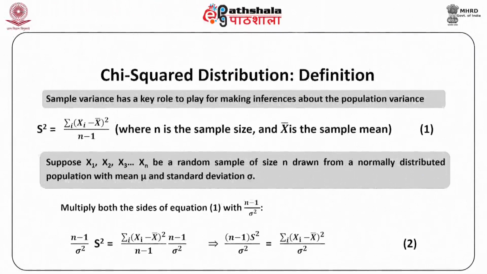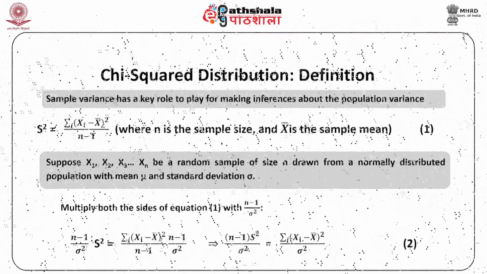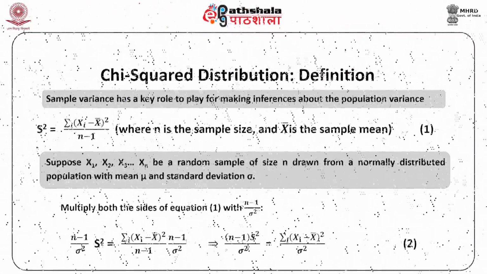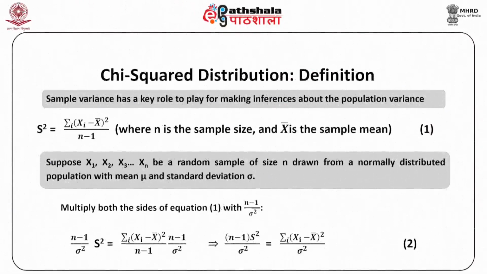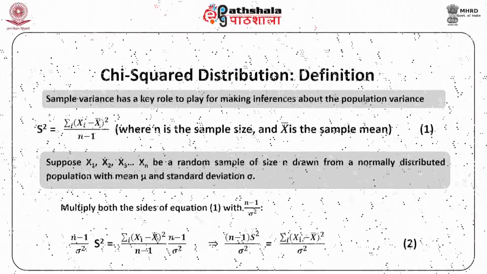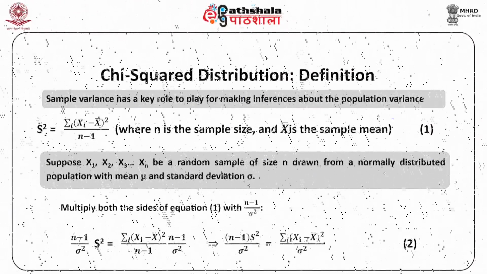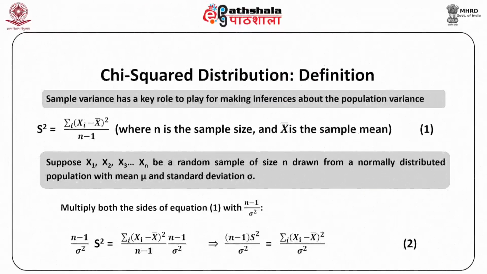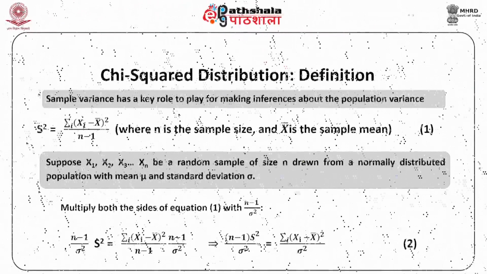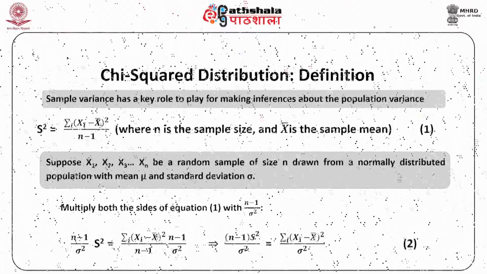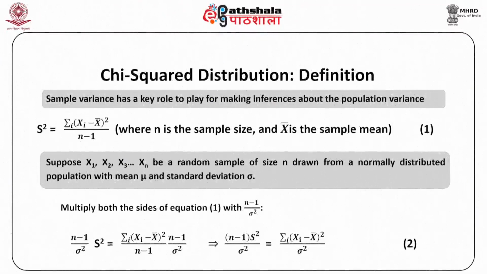If we multiply both sides of equation 1 by n minus 1 upon sigma squared, it can be rewritten as (n minus 1) upon sigma squared into S squared equals the sum of (xi minus x bar) squared upon n minus 1, into n minus 1 upon sigma squared. Simplifying, on the left hand side we have (n minus 1) S squared upon sigma squared, and the right hand side simplifies to the sum of (xi minus x bar) squared upon sigma squared. Let me denote this as equation 2.